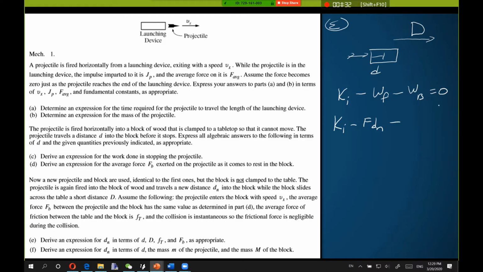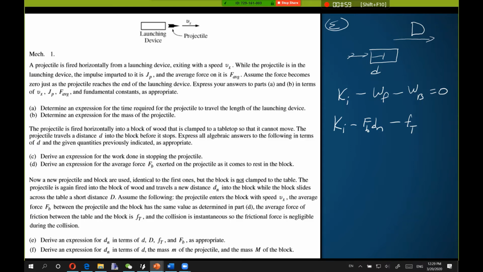Minus the work of the friction. What's the work of friction? Okay, so they subscripted for us again. Average force of friction between the block and the table is Ft. So I'm going to throw that up.